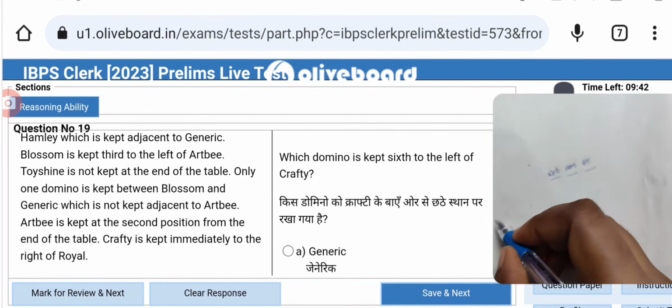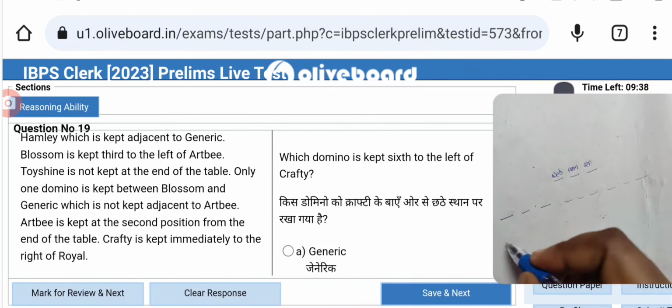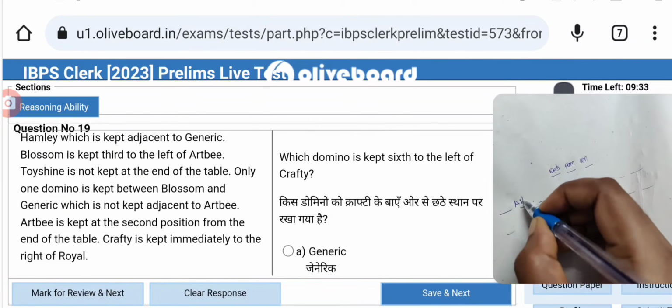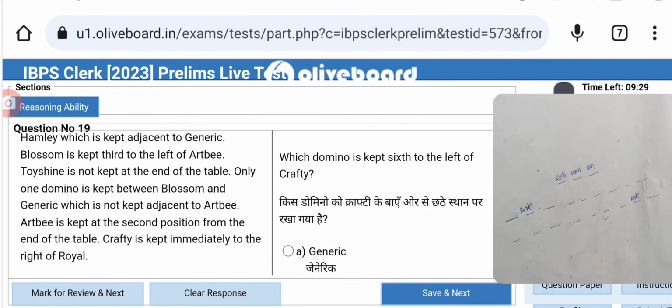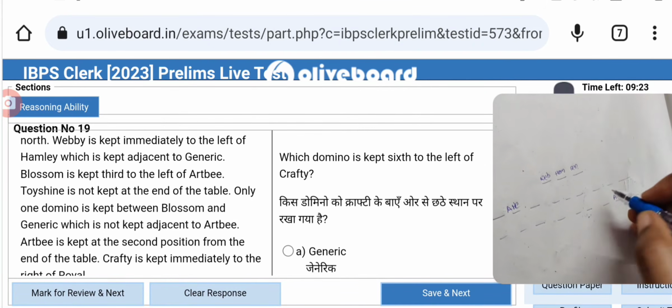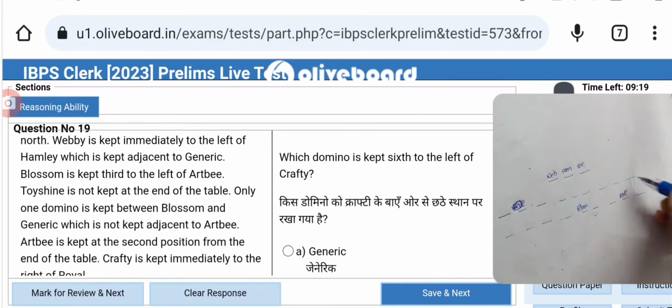Oddbee is in the second position from the one end of the table. 1, 2, 3, 4, 5, 6, 7, 8, 9. Blossom is third to the left of Oddbee. So this possibility failed.